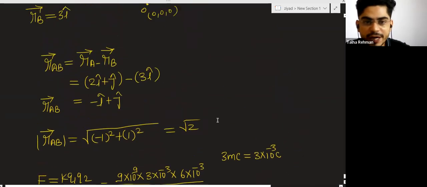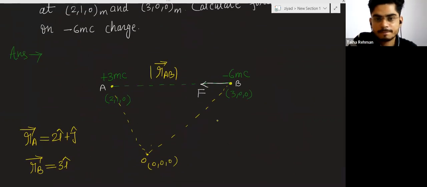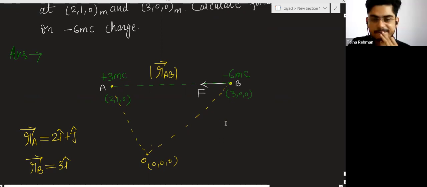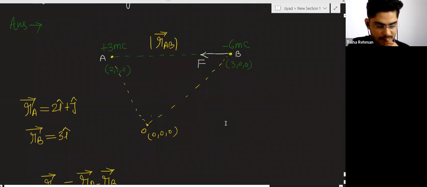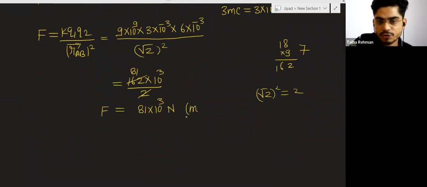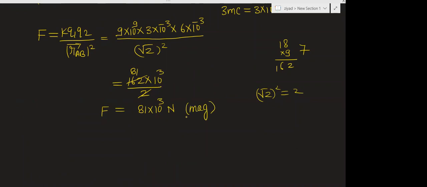Now you want to find this force. This is for A and this is B. You have calculated the magnitude, this is the magnitude of force you have calculated. Now you want this F vector.